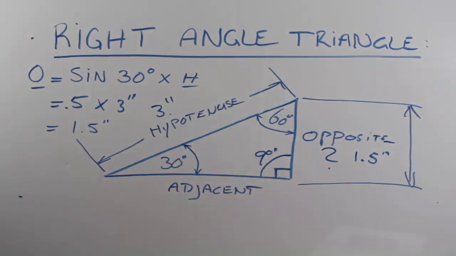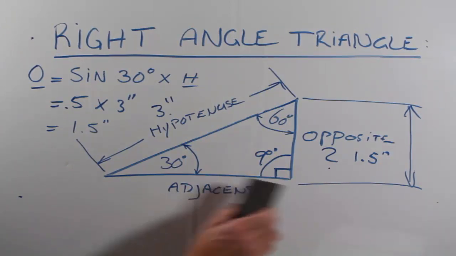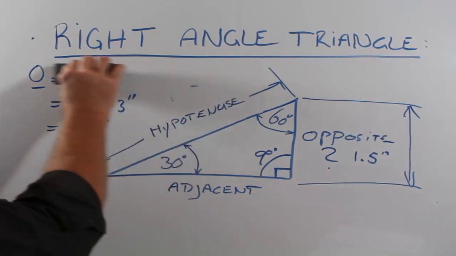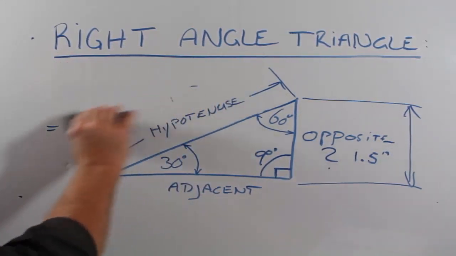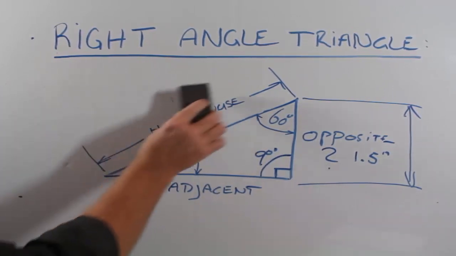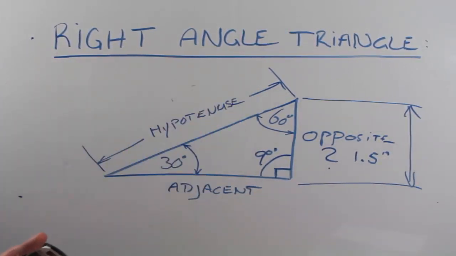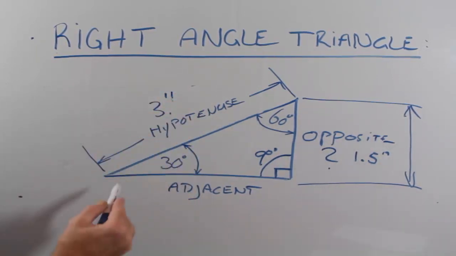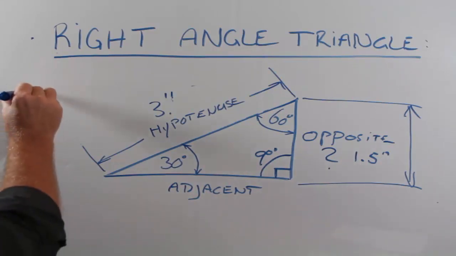With that same information I can also find the length of the adjacent leg. So I'm going to erase this formula right here. With the same information, the hypotenuse being 3 inches, I can calculate the adjacent leg.